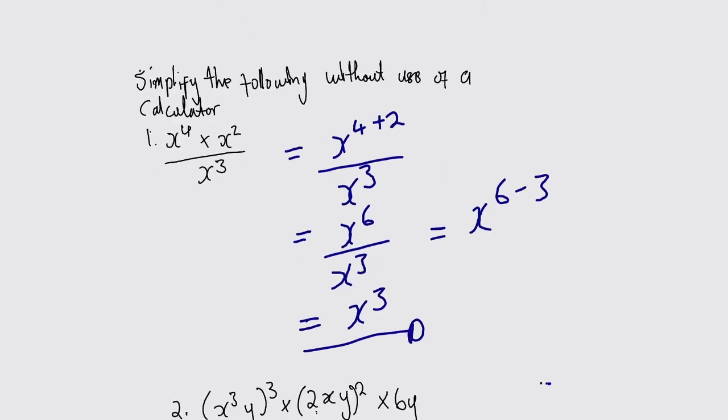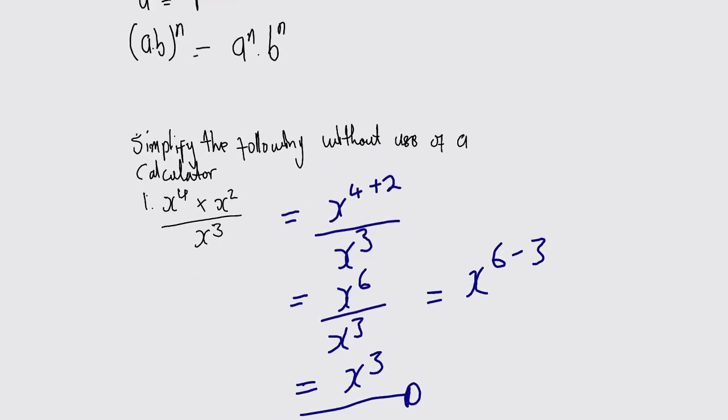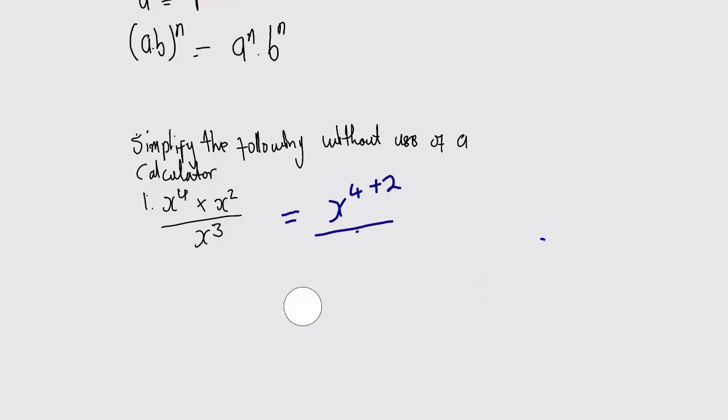But okay, let me just use all the laws together. We need to be careful if we are going to use all the laws together. So the bases are the same at the top, so we must add the exponents. So I'm just going to put it as 4 plus 2.